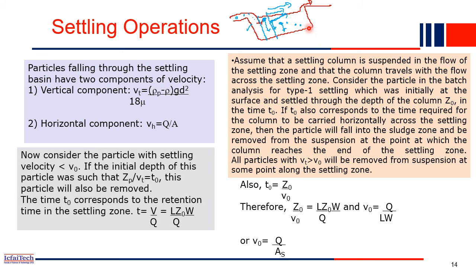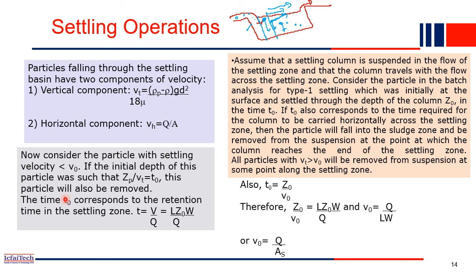Is that not so? So consider t naught time. If the particle reaches from here to here, and t naught time is also required for the particle to settle down, then all particles with velocity greater than the settling velocity will be settled. This is the expression for that.